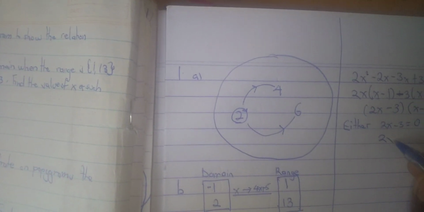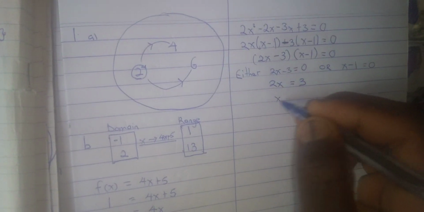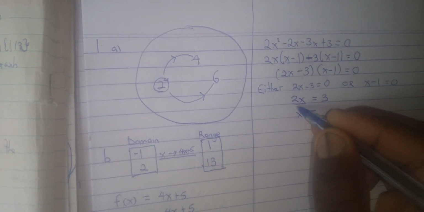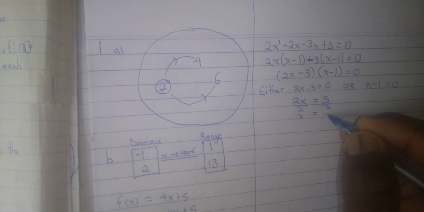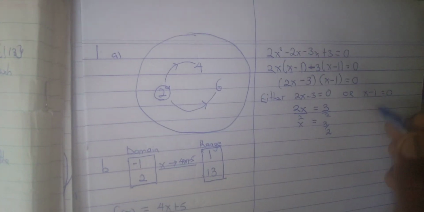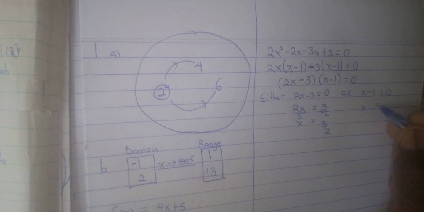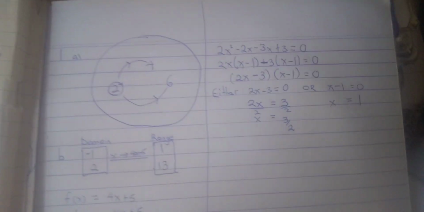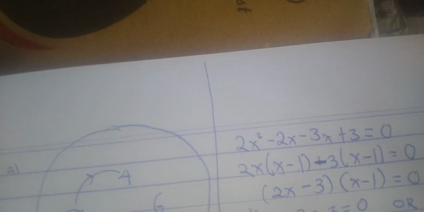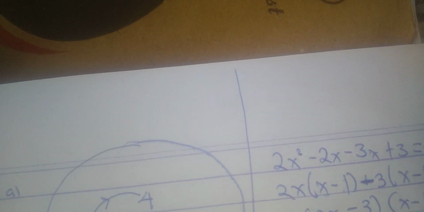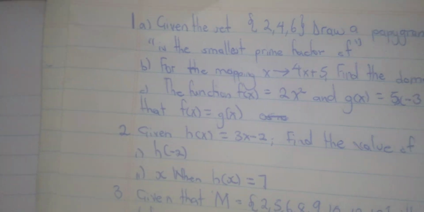So we have 2x equals 3. Dividing both sides by 2, we have x equals 3 over 2. Then still our x here will equal 1. So we have two values of x. Those are the values we have gotten for x. That is the solution to question 1.